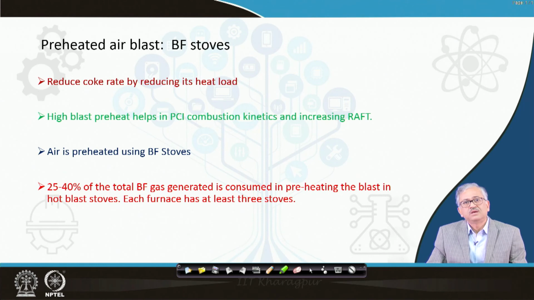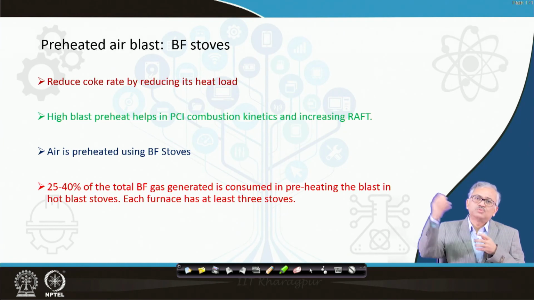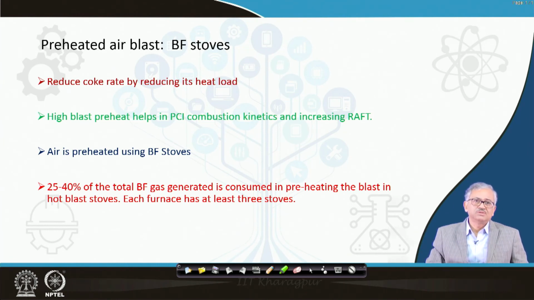It contains CO, so chemical heat is also there. So around 25 to 40% of the blast furnace gas is used for heating the air blast in the blast furnace stoves, and the rest, around 60%, goes for further downstream application.